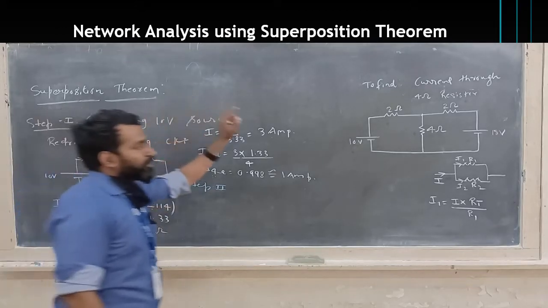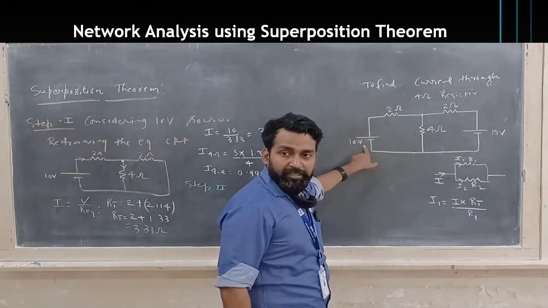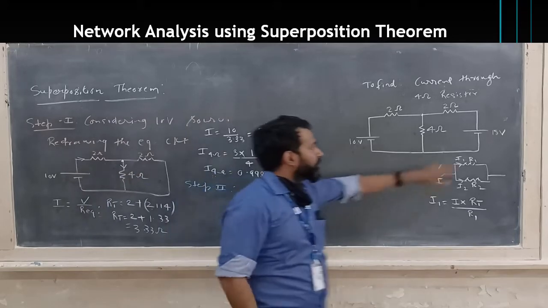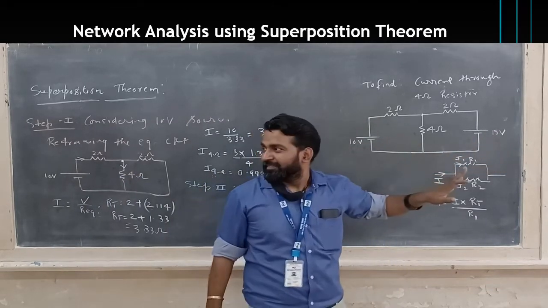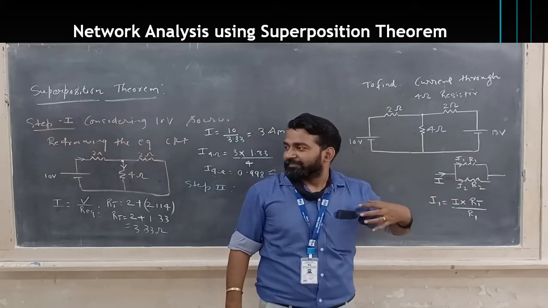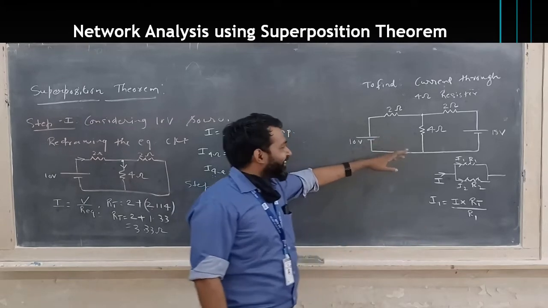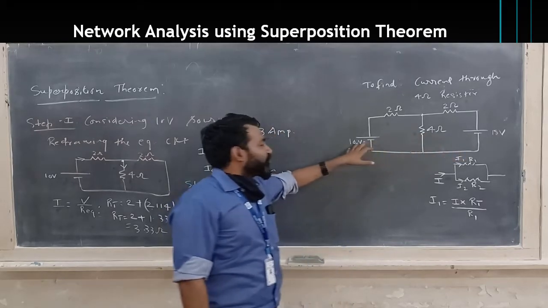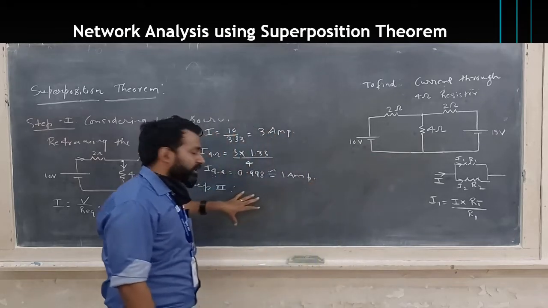We'll be considering the 15 volt source, and I will replace the other source with a short circuit. Yes or no? Yes. So in step 2, we are considering 15 volt. We have to replace this 10 volt by a short circuit, and I am directly drawing this equivalent circuit.